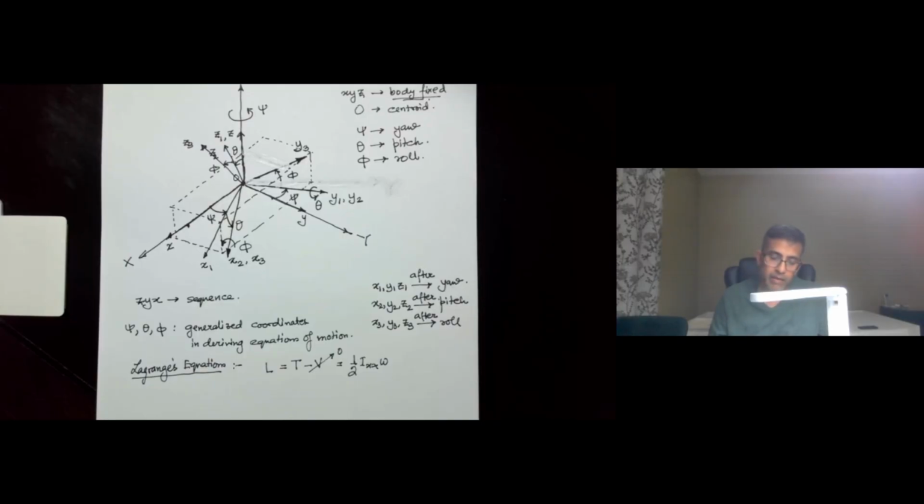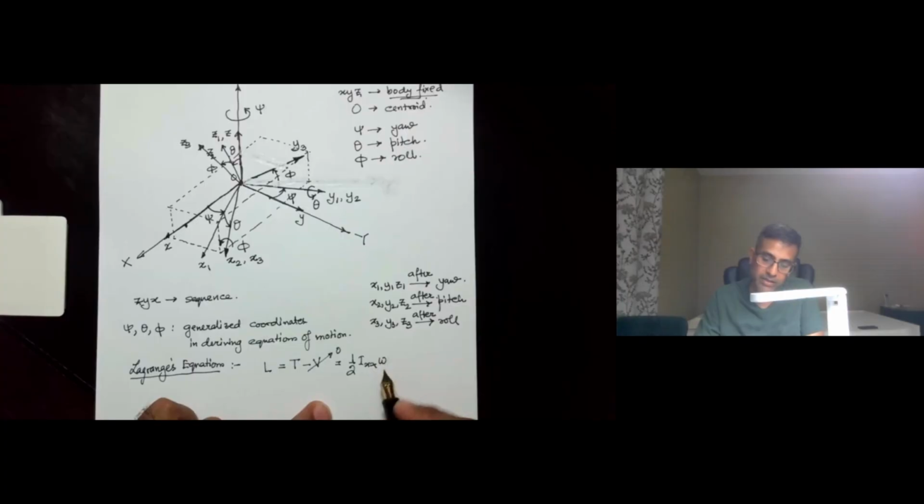And because these are body fixed and they are passing through the center of mass, and we'll also assume that this is a symmetric rigid body in the sense that the center of mass is at the geometric center, the expression of the kinetic energy is simply going to be half Ixx omega x3 squared plus half Iyy omega y3 squared plus half Izz omega z3 squared.